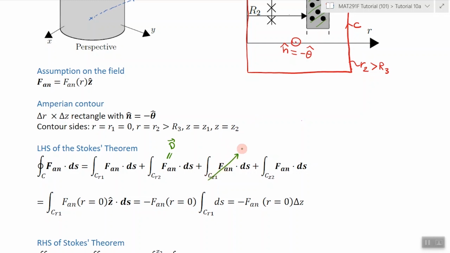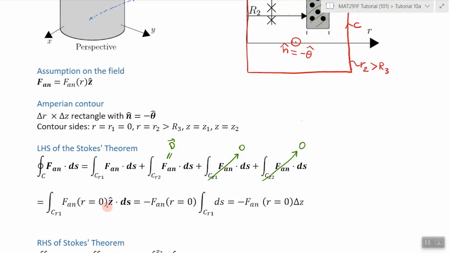Here, the differential length element is perpendicular to the field. So we're only left with this integral. Again, plugging in the expression for this vector field on this contour. We plug this in, and we also use the fact that on this contour, r is equal to 0.